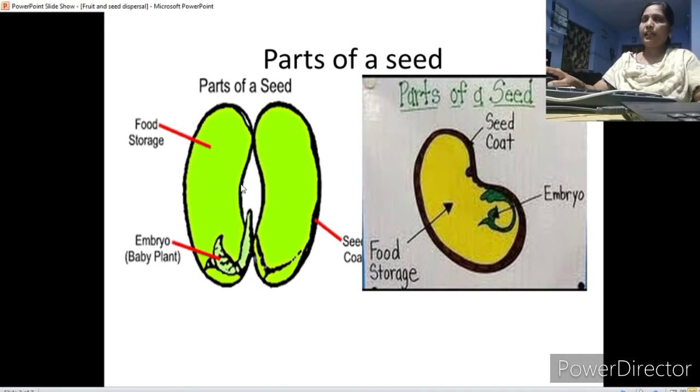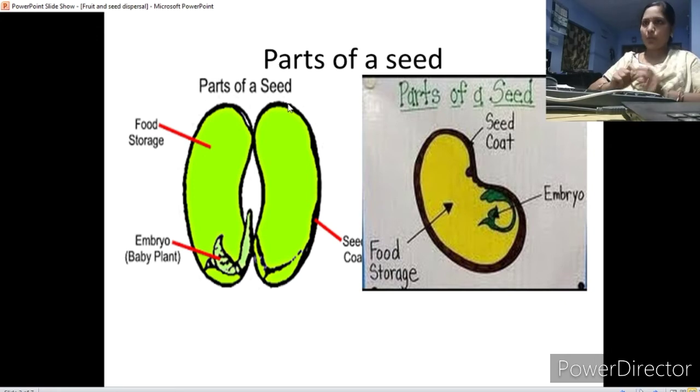When you are observing these parts, imagine a groundnut. Take one groundnut seed and remove the parts while you are learning. In a groundnut seed, the outside brownish coat is known as the seed coat.